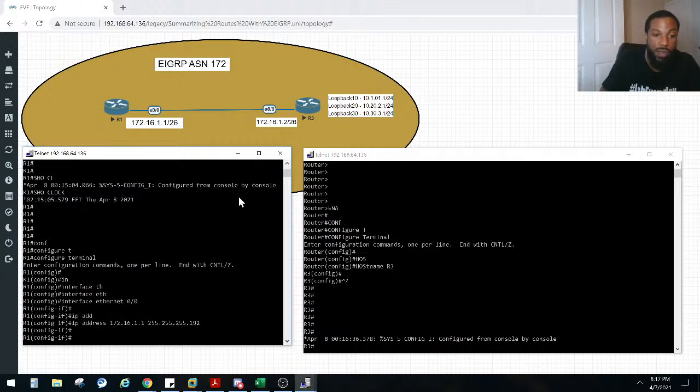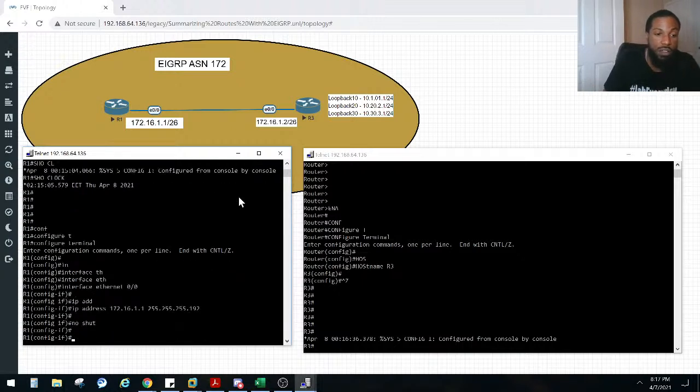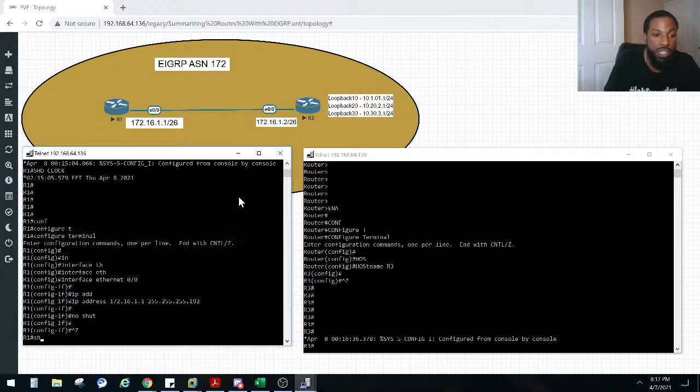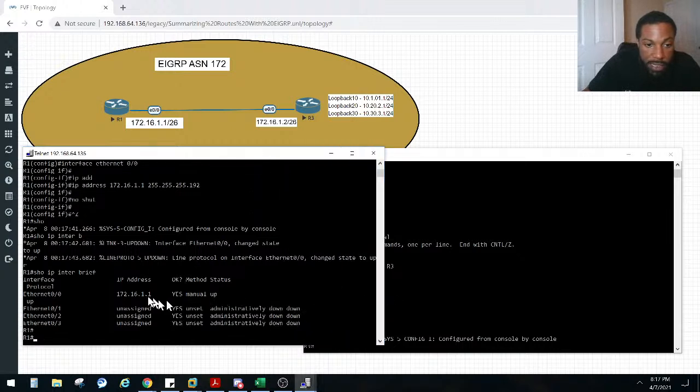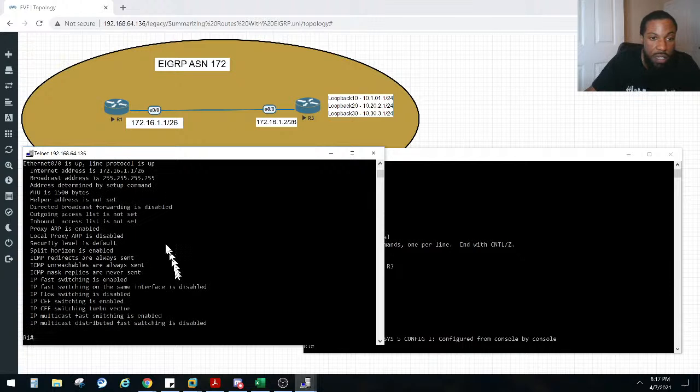Correct me if I'm wrong there. But I think that's the IP address that we need there. No shut, show our work with show ip interface brief, and let me know if I'm going too fast. But that guy looks like he's correct, 16.1.1, and we don't have the subnet mask, so we got to actually type in show ip interface Ethernet 0/0 to actually see the subnet mask, and there it is right there, /26. So yes, I was correct there.